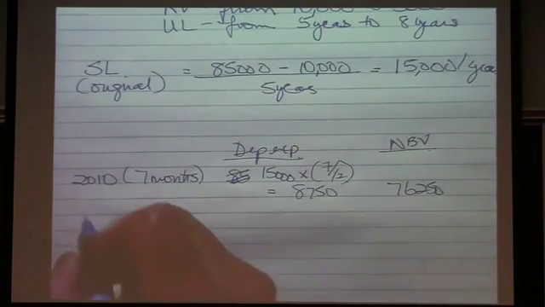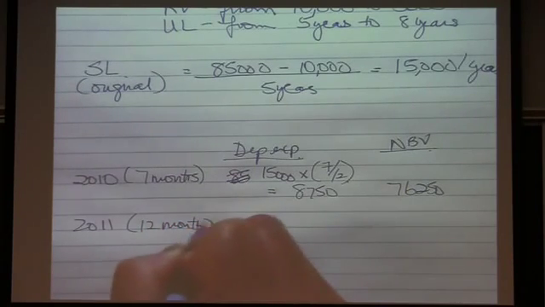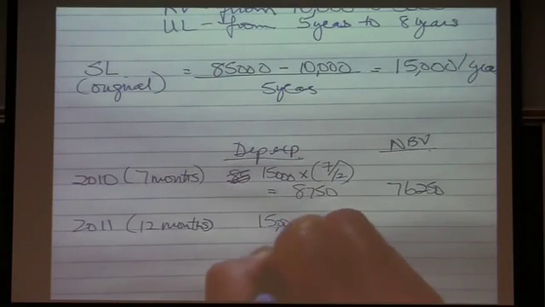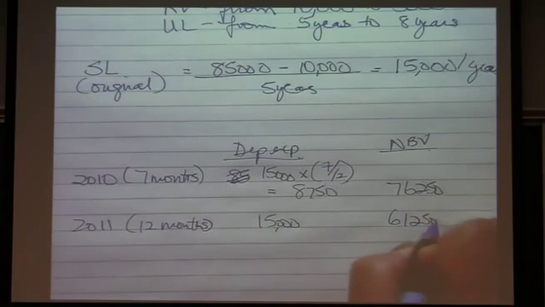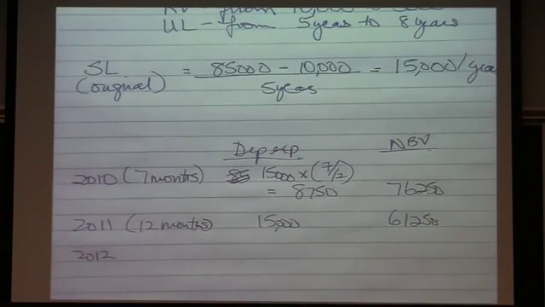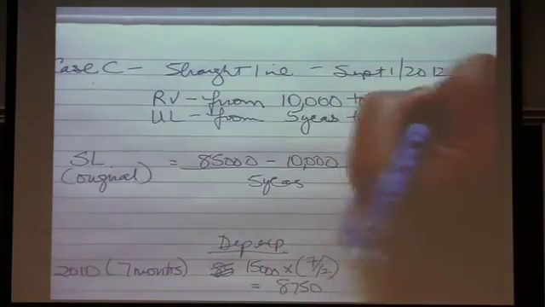For 2011, we have 12 months, so we know that under straight line, the amortization is 15,000. Net book value is 61,250. Now for 2012, this change happens to be on September 1st, 2012.